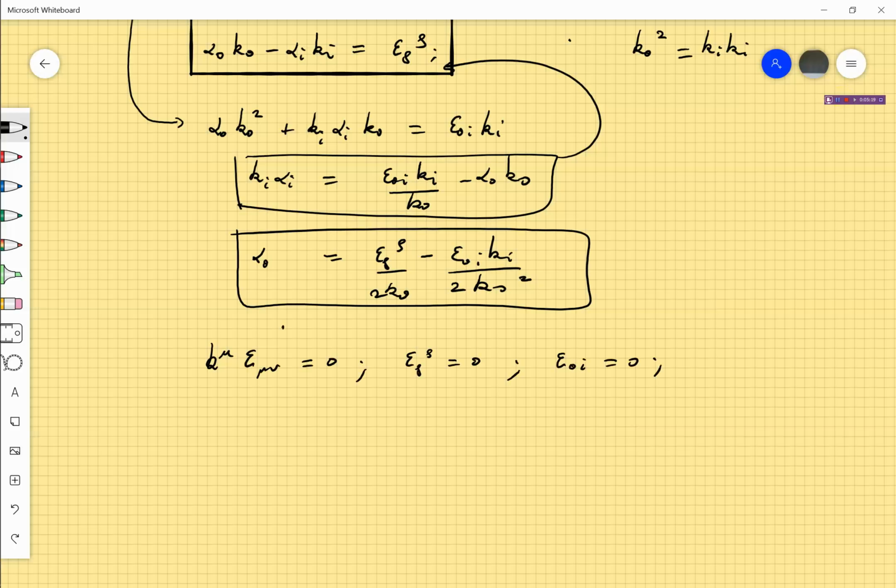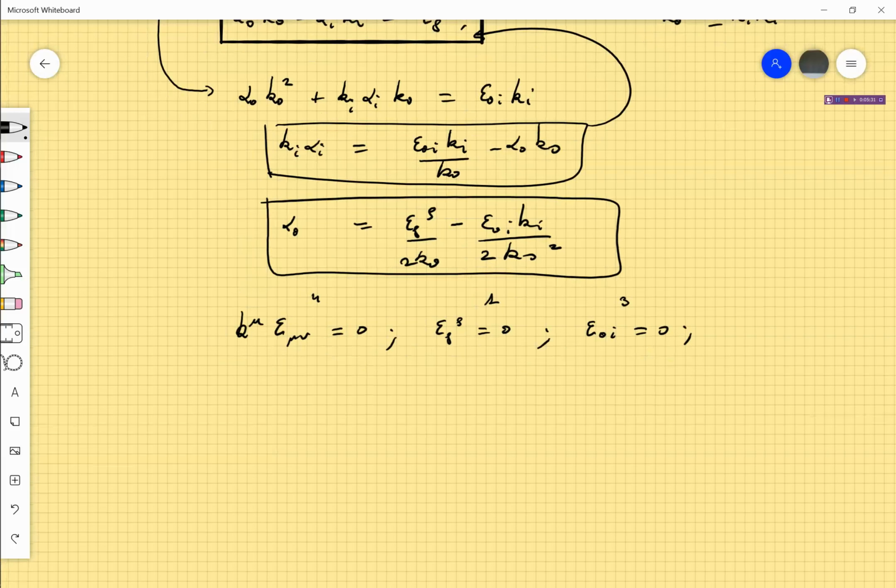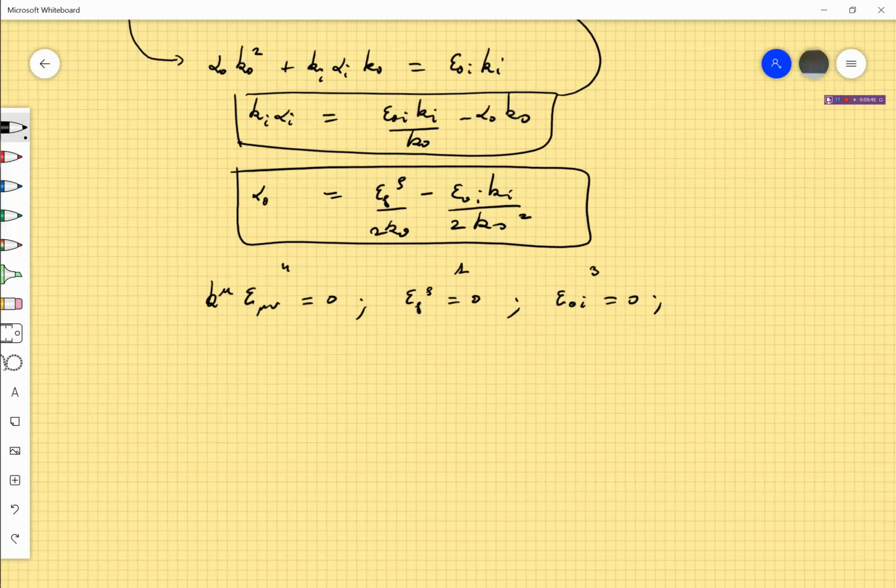These are 4 conditions, this is 1 condition, and these are 3 conditions, making 8 conditions, which leaves us with only 2 independent components. Now the choice of independent components of the polarization tensor depends a bit on the motion of the wave.